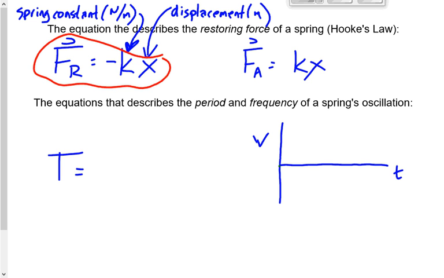But as it starts moving, the speed increases, and then it goes through the equilibrium, through the fixed position. It's at max speed. And then the speed decreases, and then it reaches the other side and stops. And then it increases going the other way, goes through the fixed position, decreases to zero speed, stops, and so on and so on.